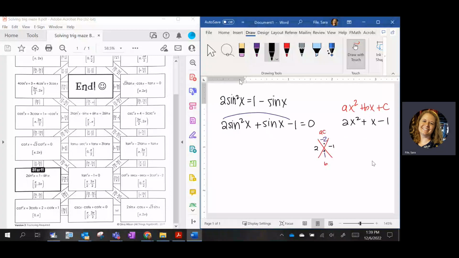You can do grouping. Grouping is fine. The shortcut I showed y'all, though, is to take the value that's being squared over here. So the 2 sine x is that lead term, and put it over those.